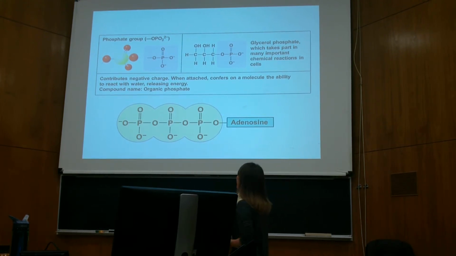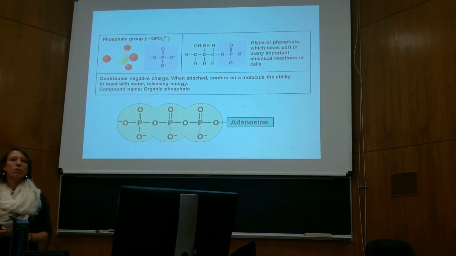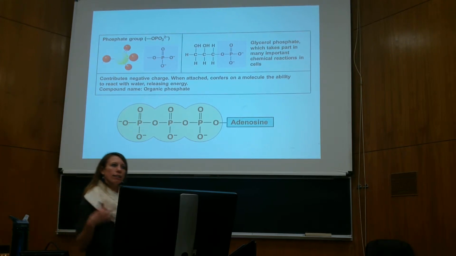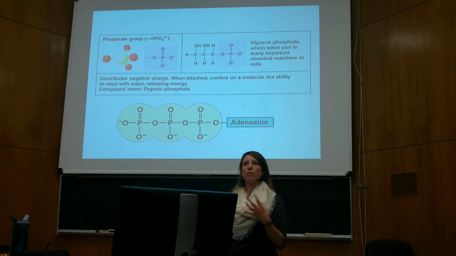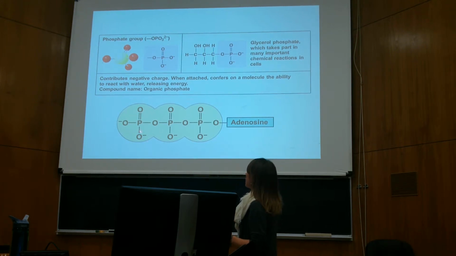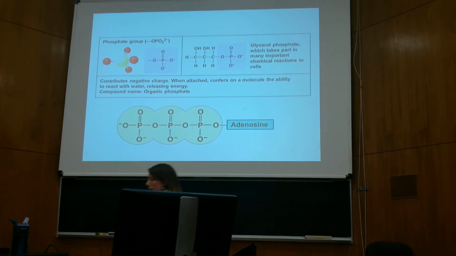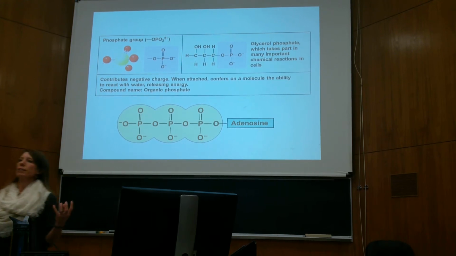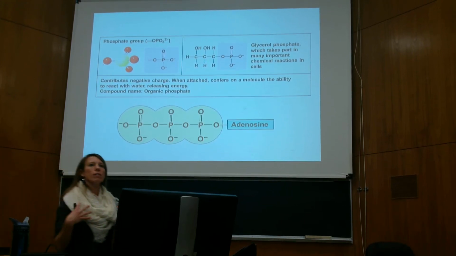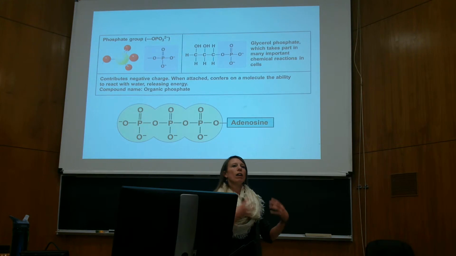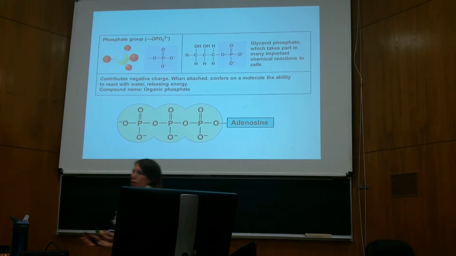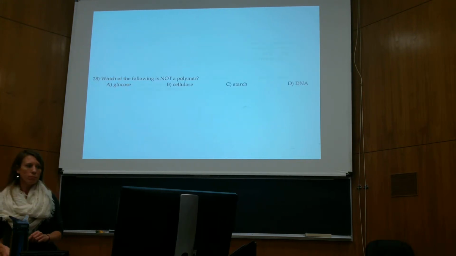Okay, so ATP has these three phosphate groups on it. Remember we talked about this? It's in your functional group chart. So this is a really electronegative functional group. It's got all these oxygens on it, and it can react with water. When it does this, it can release energy for the cell to use. So our cells pretty much use ATP for energy in almost everything, either directly or indirectly.